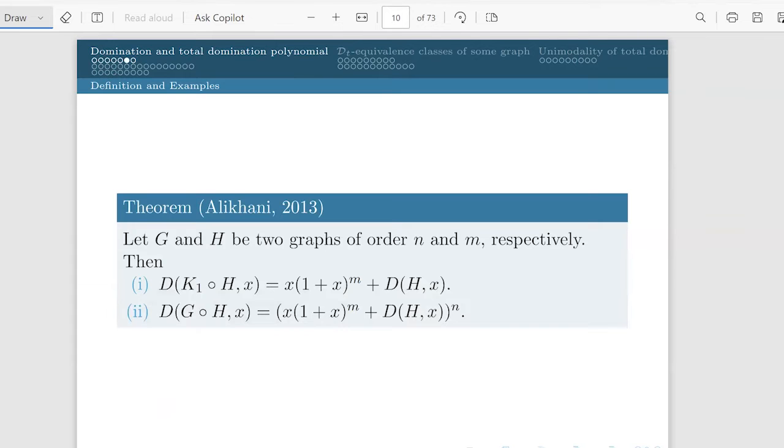And here you see the domination polynomial for the corona product, and all of you also know about the corona product because of corona disease, the virus.